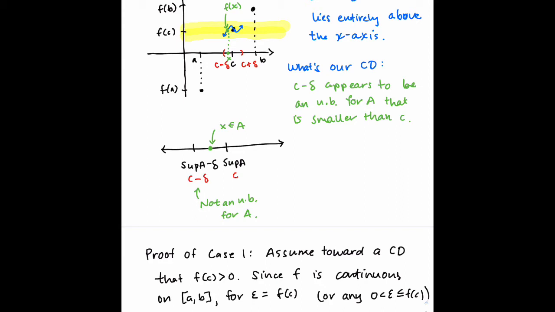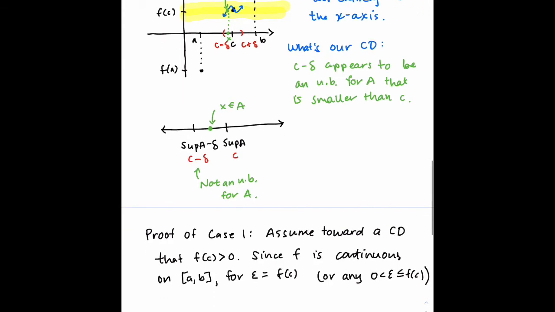The reason why I'm picking any epsilon between 0 and f of C is because I want to construct an epsilon neighborhood that only consists of positive function values. And in that way, none of the x's in the delta neighborhood can belong to the set capital A.